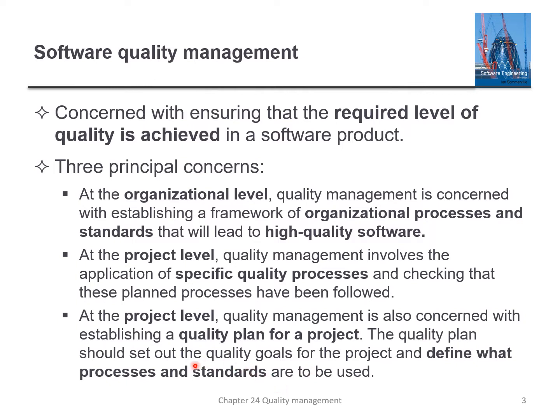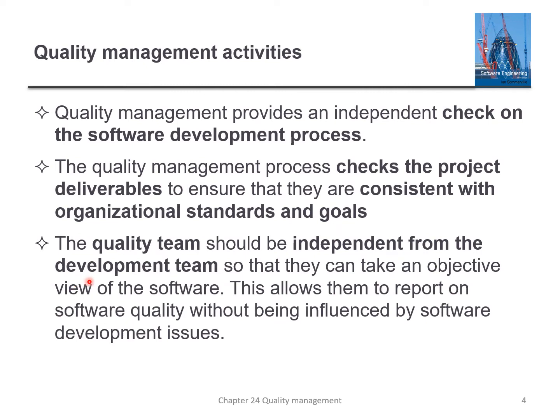And from there, once we have decided on the quality goals that are going to be achieved, the processes and standards will be set. Okay, so what are the activities involved? Basically, the activities are more on the checking side.